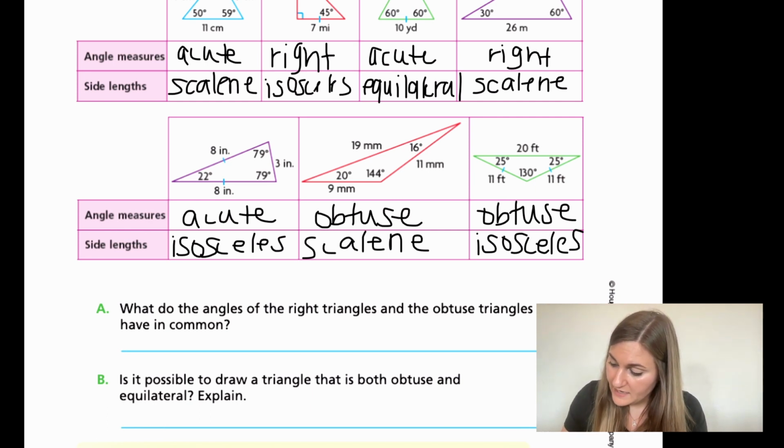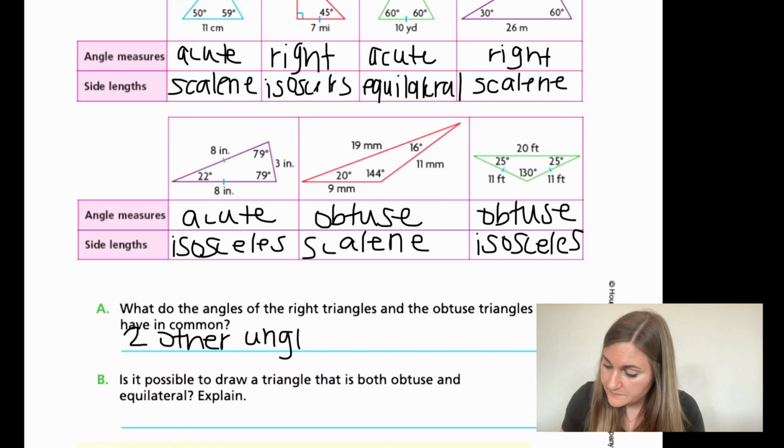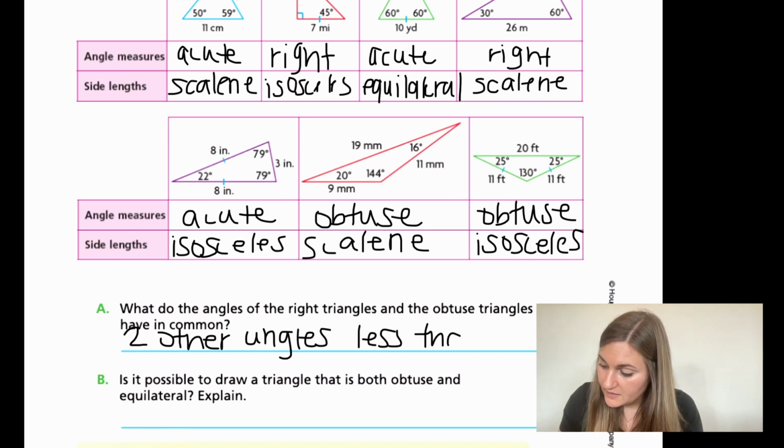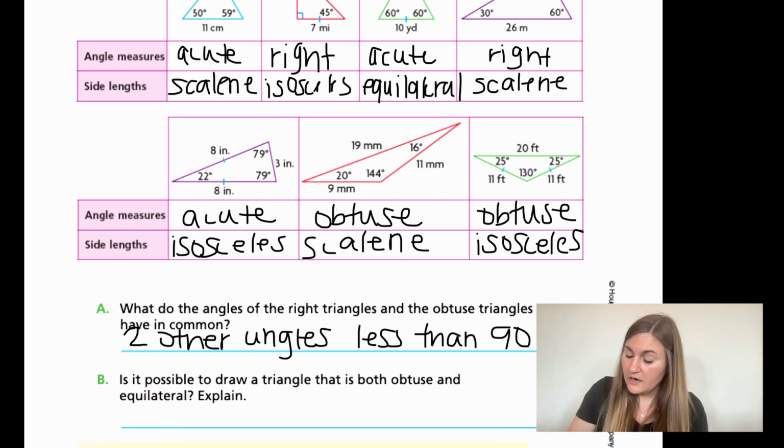So what they have in common is 2 other angles have to be less than 90.